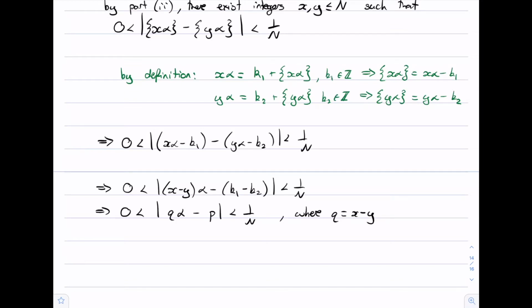Since x and y themselves are integers, this is an integer. Also, p is equal to k1 minus k2. Since k1 and k2 are integers, their difference is also an integer. And so I get my final result. I can put my box to indicate the end of my proof.